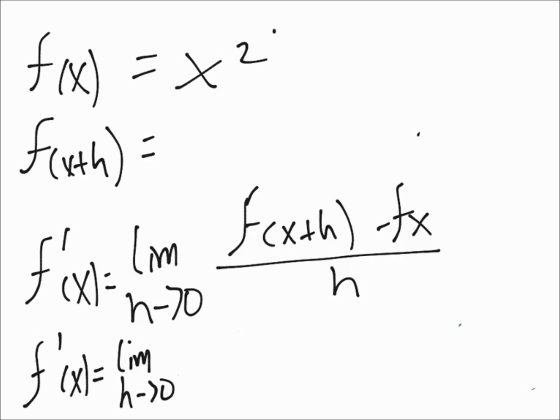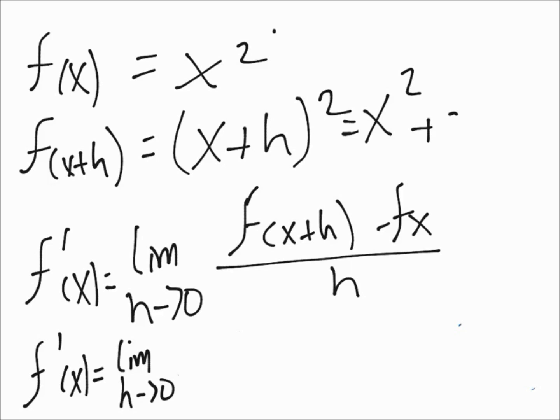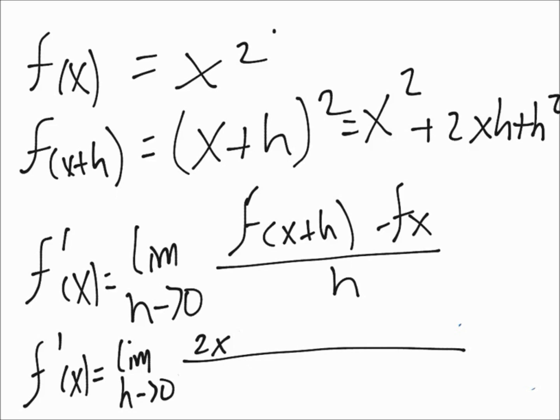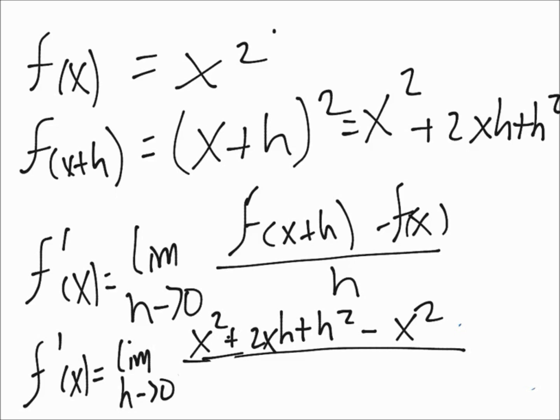So x squared, we want to do the same steps. (x plus h) all squared would be x squared plus 2x times h plus h squared. And that would be plugging it in the formula. x squared plus 2xh plus h squared minus x squared over h.